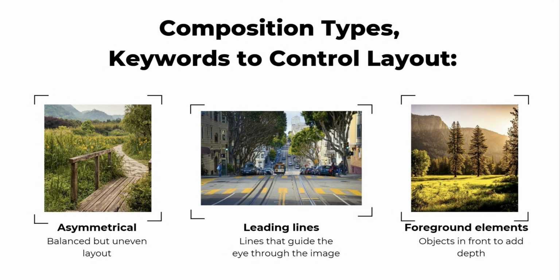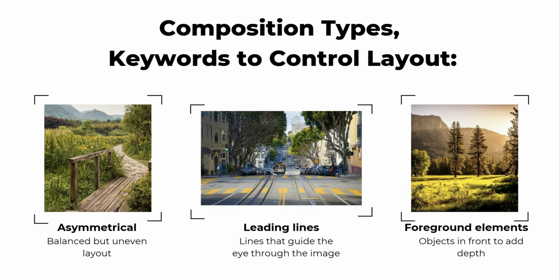As an example, I can say a street with leading lines. And the last one is foreground elements. Objects in front to add depth. For example, mountains in the background, trees in foreground.